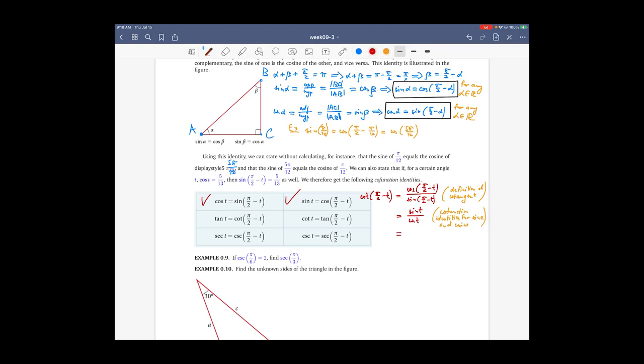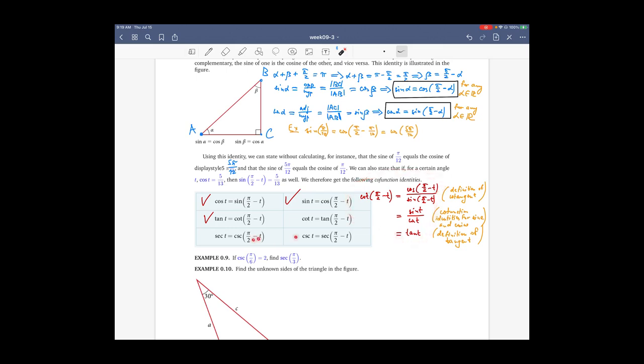And of course, sine over cosine is tangent. That is the very definition of tangent. So cotangent of pi over 2 minus t equals tangent t. The other trigonometric identity here, cotangent t equals tangent of pi over 2 minus t, is proved exactly the same way.